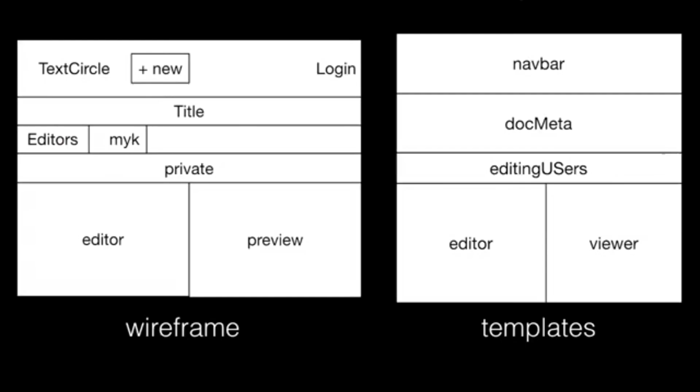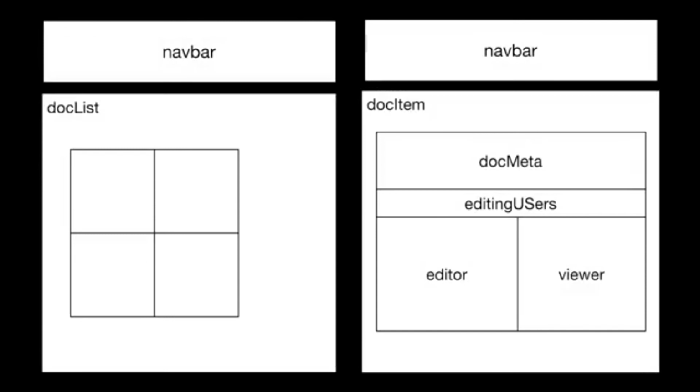So at the moment, if we think about how that editor looks, on the left-hand side here, you've got the wireframe of the actual design with the nav bar at the top, and then title and so on, all those bits. But in terms of actually the templates, the design on the right shows you what the actual templates are. So what I want to be able to do is essentially separate the nav bar from the content that I'm displaying.